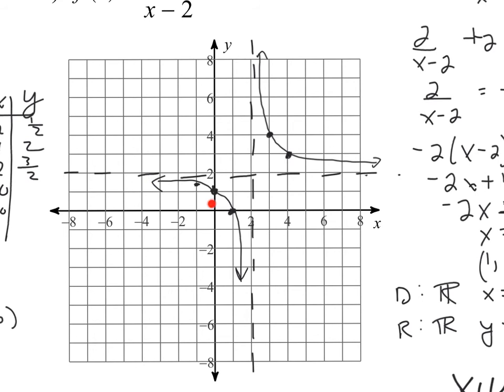You might have one here, or one here and one here. But you're going to have two pieces to this graph, and they're almost trying to get to the asymptotes, but they never quite get there. So all you're doing is getting the asymptotes drawn in, plotting a couple points in each area so you can figure out what's going on, and just connecting the dots.